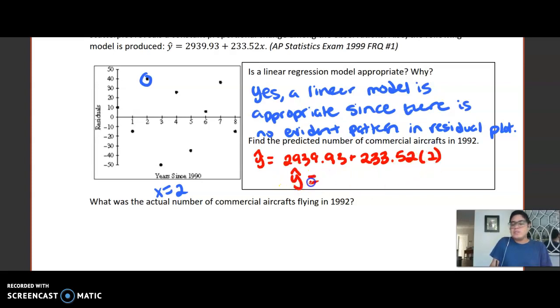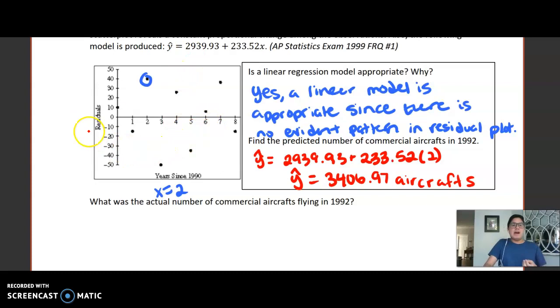So I'm going to predict for there to be about 3,406.97 aircrafts in the year 1992, which seems relatively reasonable to me. Doesn't seem too large. I imagine there's at least that many aircrafts, if not more. And in theory, I can't have 0.97 aircraft, so I know for a fact there's probably 3,406 that can be accounted for. But that's my y hat there.